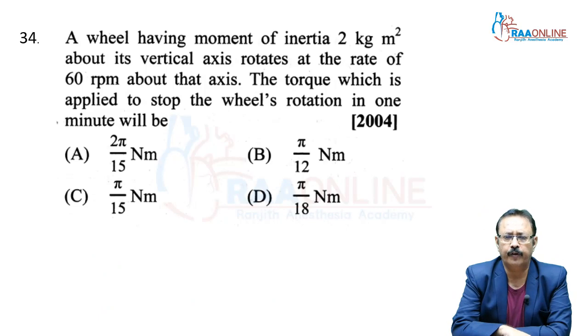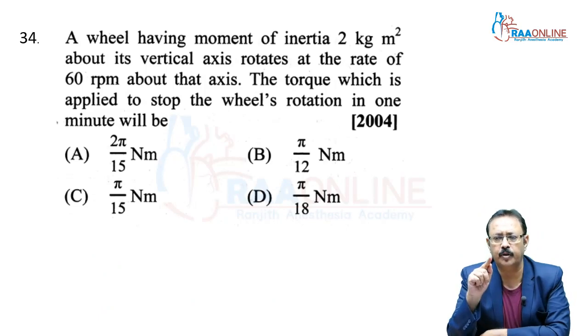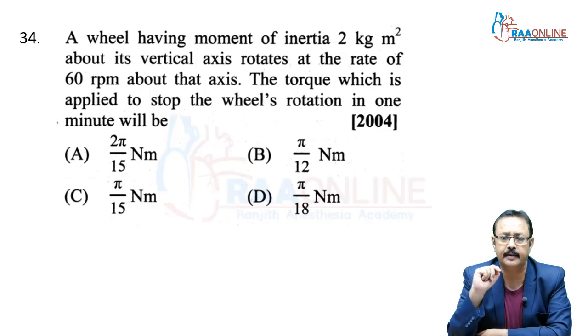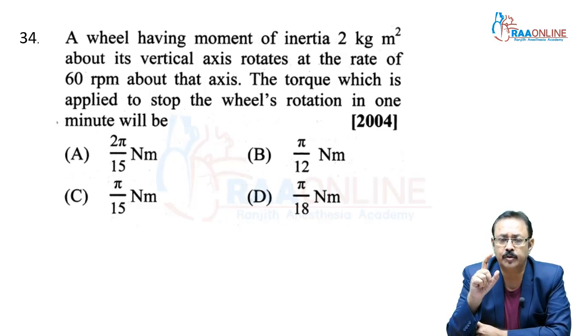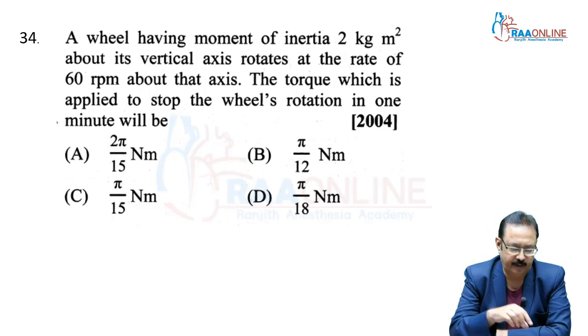Next, a wheel having moment of inertia 2 kg meter square about its vertical axis rotates at the rate of 60 rpm about the axis. The torque which is applied to stop the wheel's rotation in 1 minute will be.